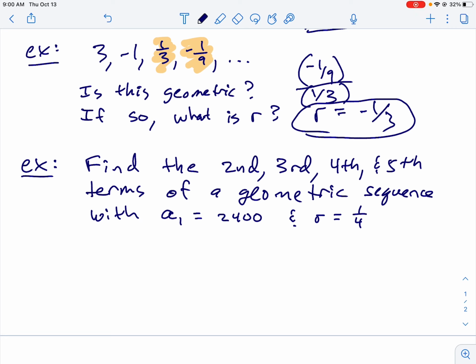Okay, so I'm asking you to find the next 4 numbers in the pattern.